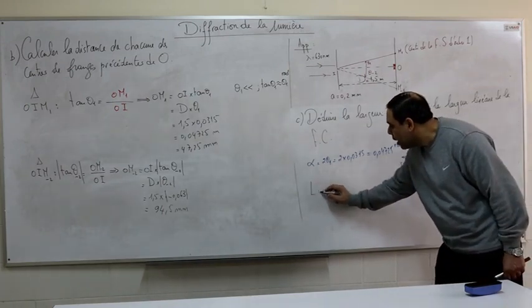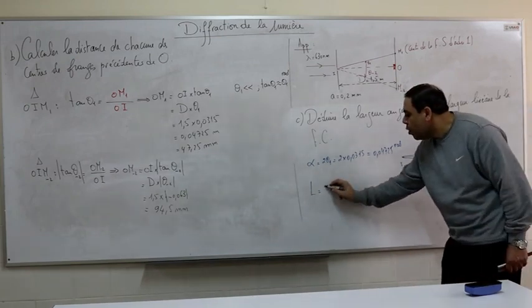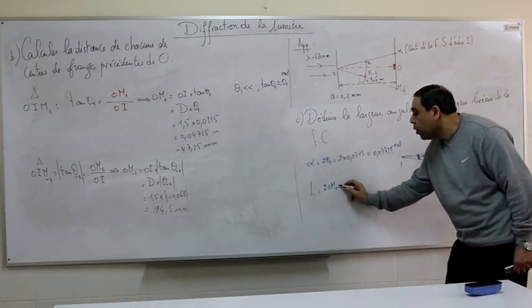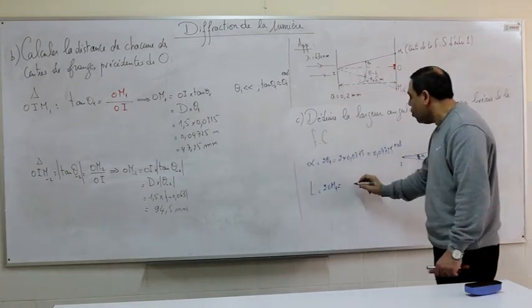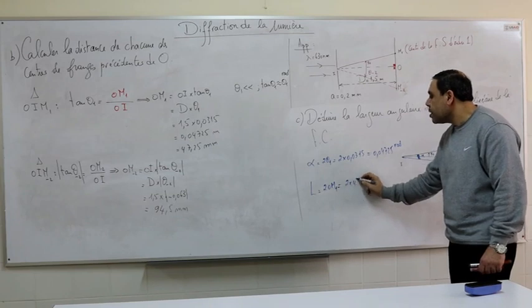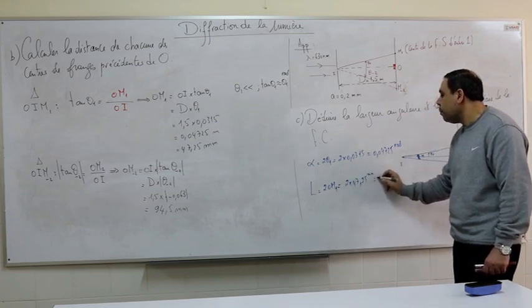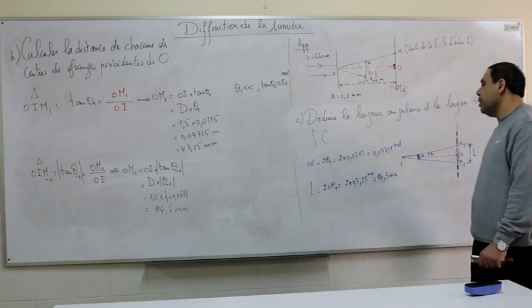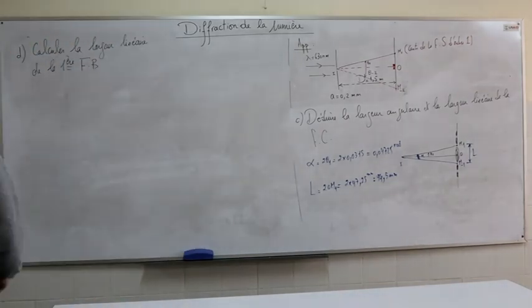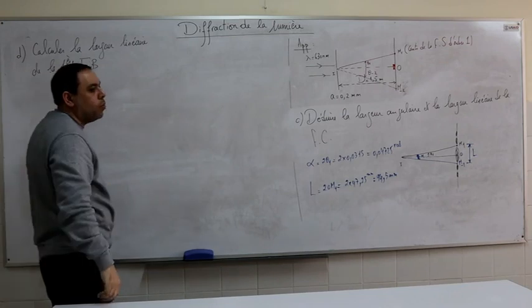And here's O. So L from the figure is 2 OM1, which is 2 times 47.25 millimeters, and the answer is 94.5 millimeters.